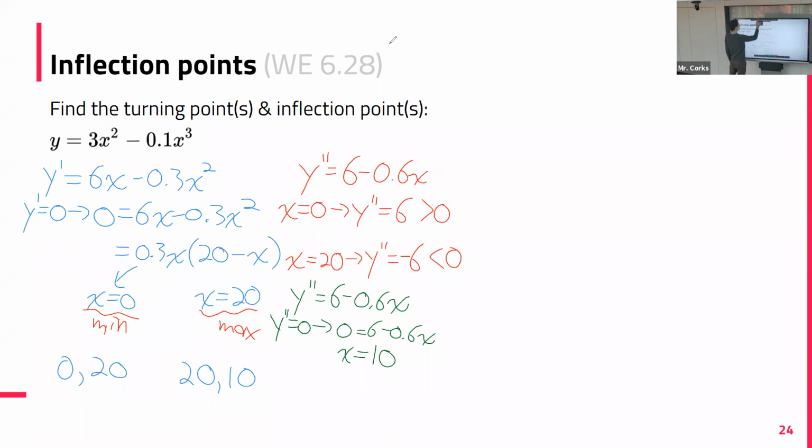Let's think about what it would look like, and then let's see if that matches what we found with our derivatives here. So this is an x cubed. Our coefficient is negative. So what should the far right side of the graph do? All right, so right side will be decreasing, and our exponent is an odd number. So left side, all right, opposite direction, that's going to be increasing.